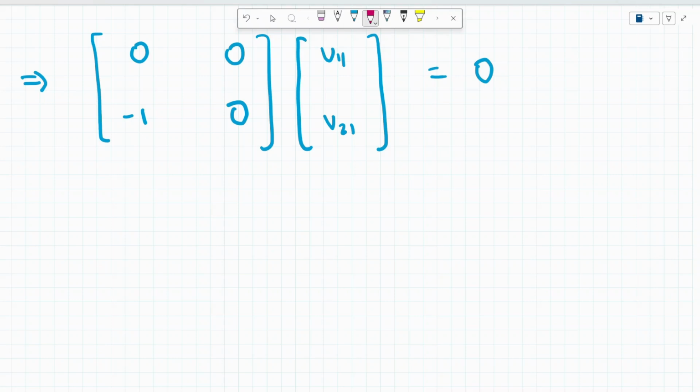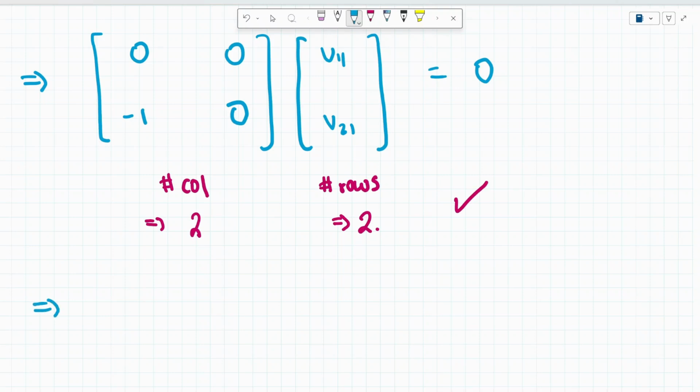The main thing we have to focus on here is that the number of columns of the first matrix has to equal the number of rows of the second matrix. We can see here that the number of columns equals 2 and the number of rows equals 2. So that means that we can go ahead and perform matrix multiplication.